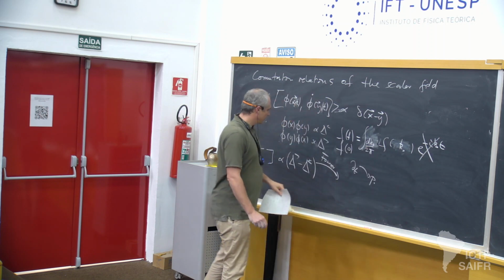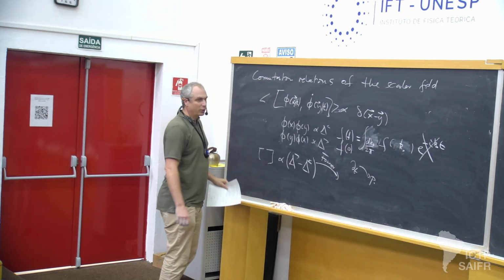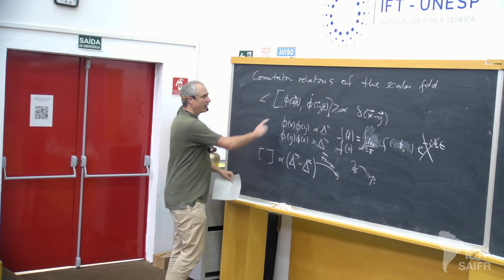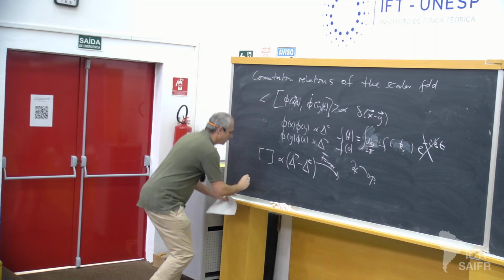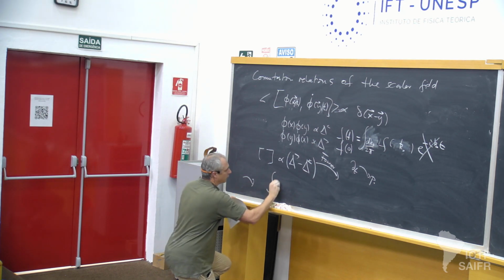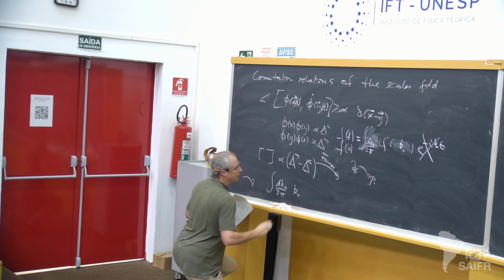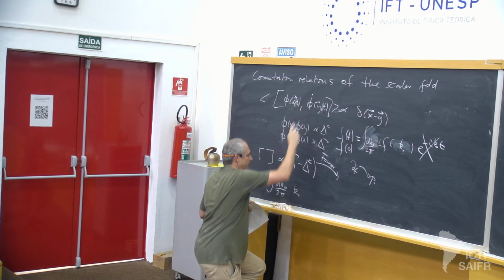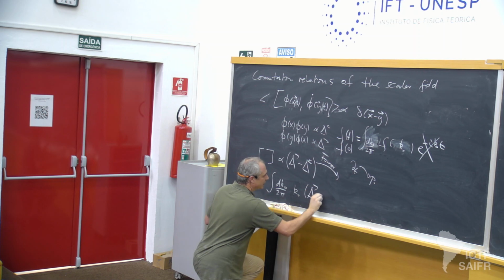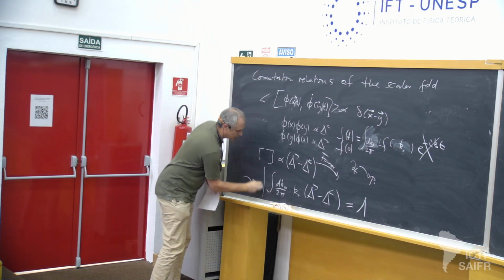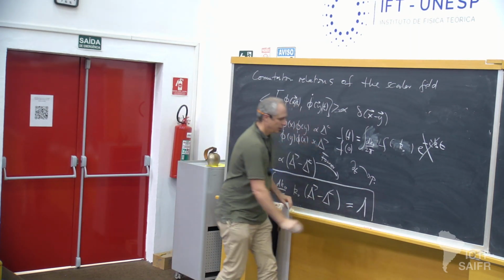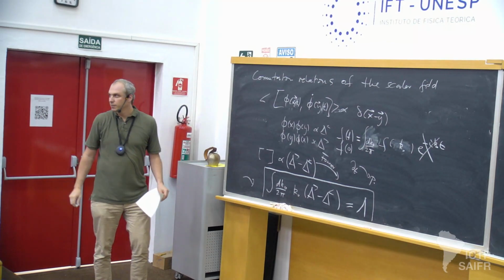Okay, so to make a long story short, and I don't want to go into details, the commutation relations imply that if you integrate over dk naught over 2 pi, don't forget the factor k naught coming from the time derivative, of delta less minus delta bigger, this should be 1. And this is also true in QFT in principle.